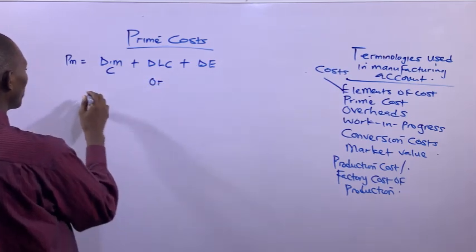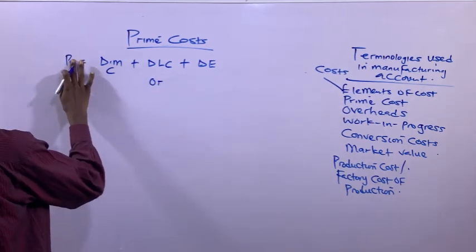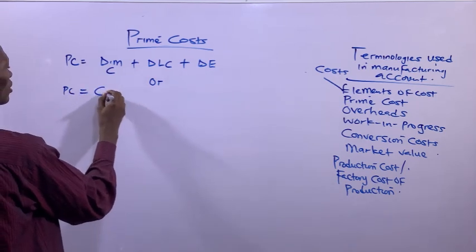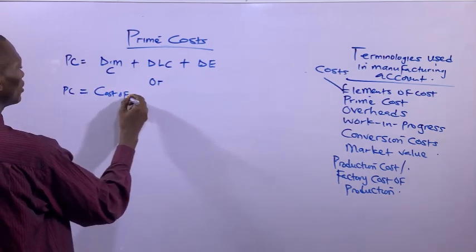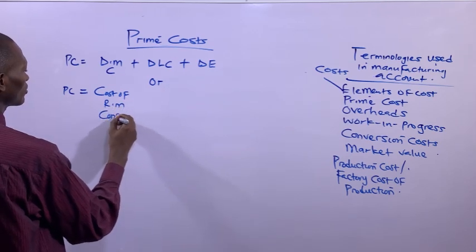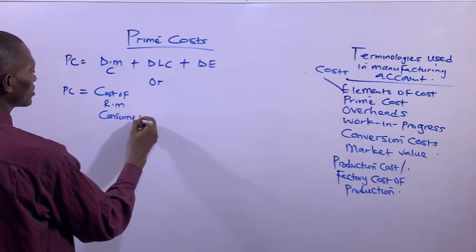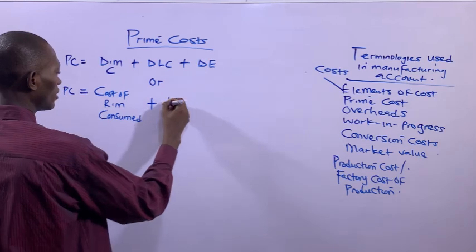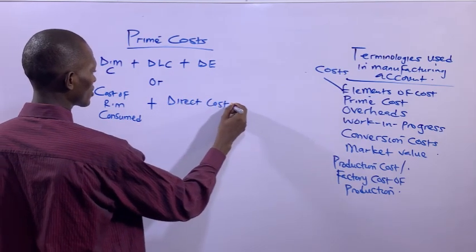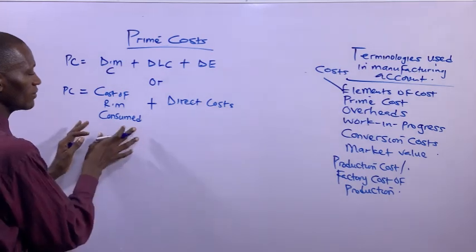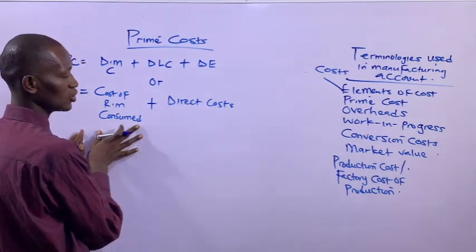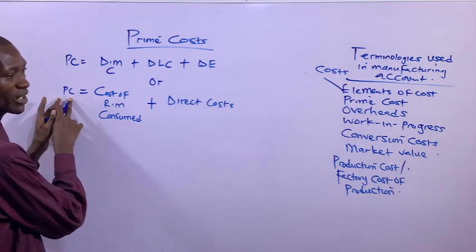Or you can have prime cost to be cost of raw materials consumed plus direct costs. So when you have cost of raw material consumed, then you add the direct costs to it, then that will give you prime cost.